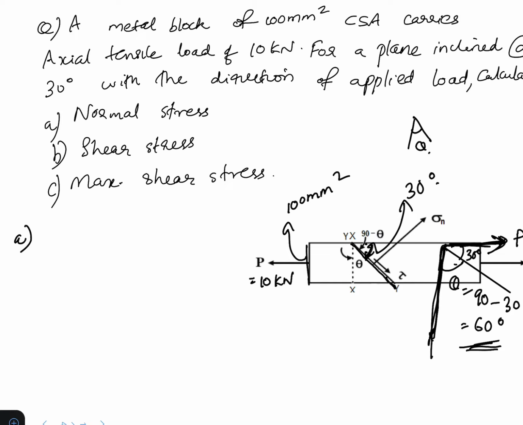Now we have to find the normal stress. Normal stress sigma n is equal to P by A cos square theta.